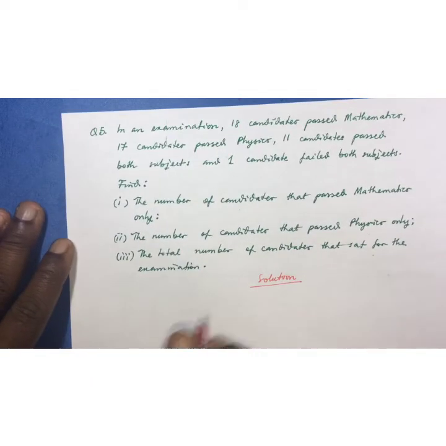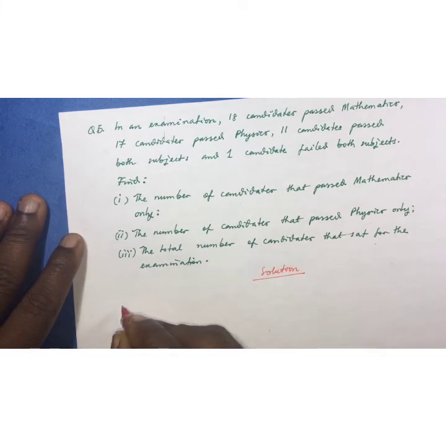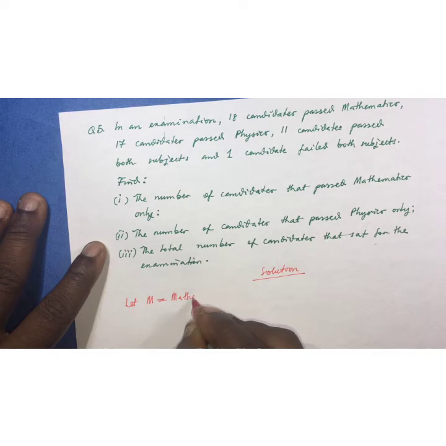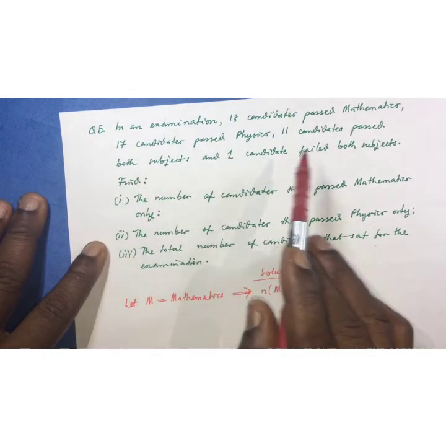So in an examination, 18 candidates passed mathematics. So I'm going to use M to represent mathematics. So let M be equal to mathematics. Now the implication of this is that n(M) will be equal to 18. Okay? Now 17 candidates passed physics.